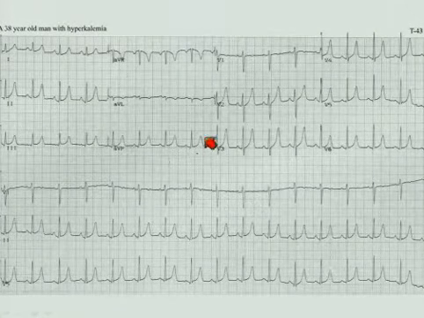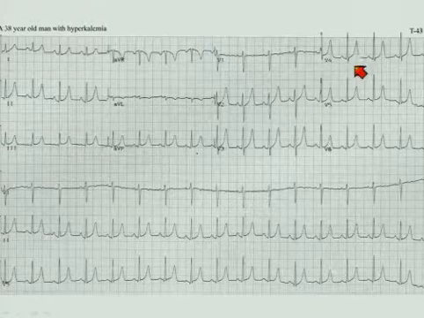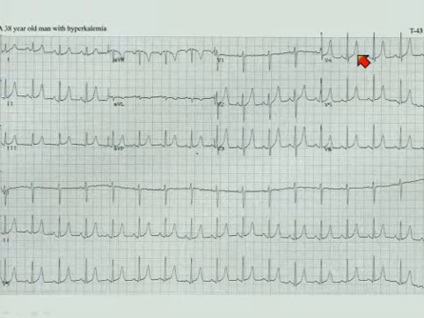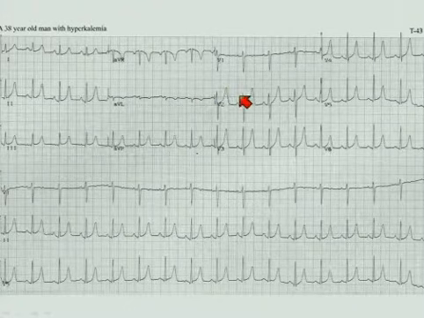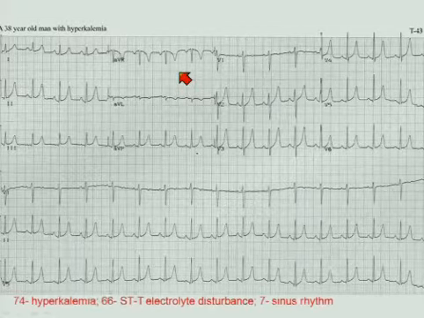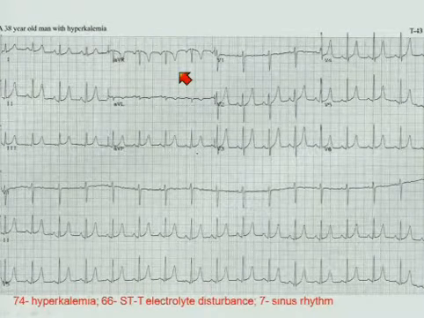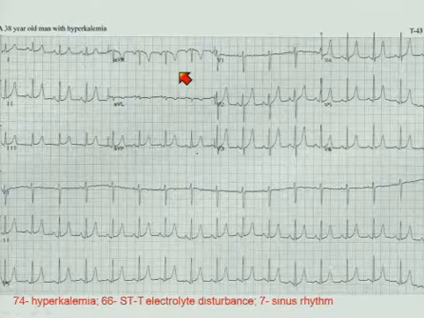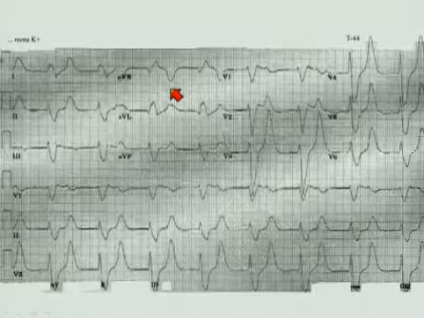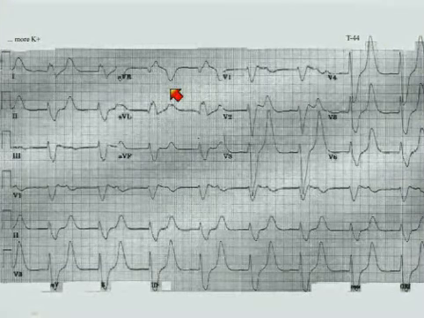But this is just to make the point. Hyperkalemia is characterized by tall, peaked, symmetric T waves. And this is pretty dramatically demonstrated hyperkalemia here, which I would put as 74 hyperkalemia and 66 STT electrolyte disturbance and then sinus rhythm.